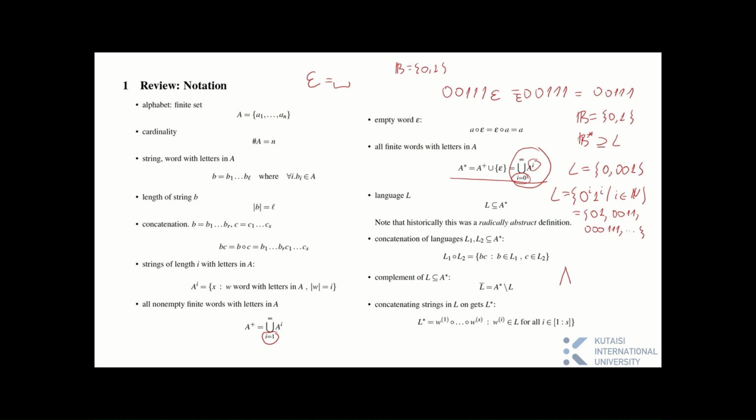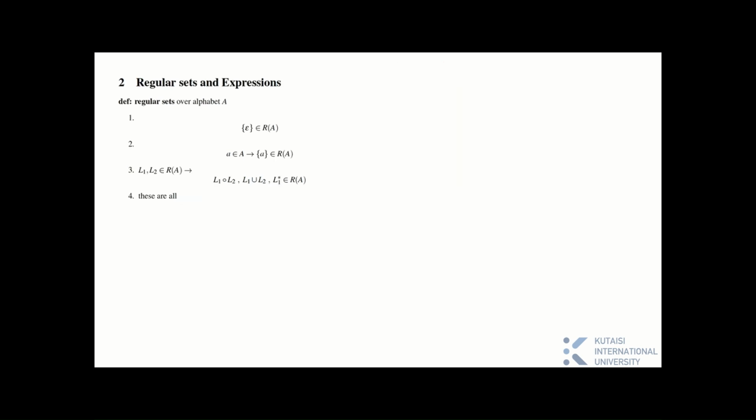Exactly. So I defined A to the power 0 as being something like this. And this is why A star is exactly A plus. So let me write this down here. A star, by definition, was a union. Let's start from 1 to infinity of A^i, and I take a union with the empty set.